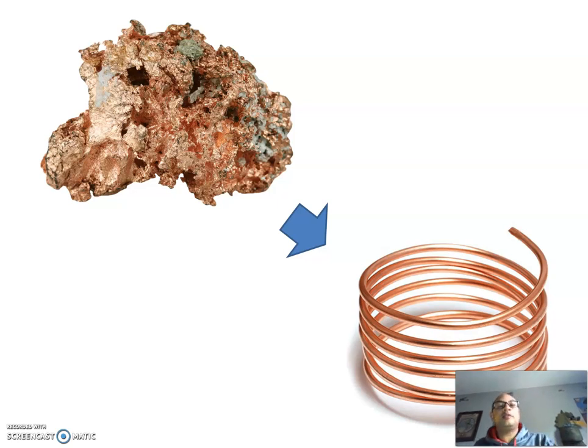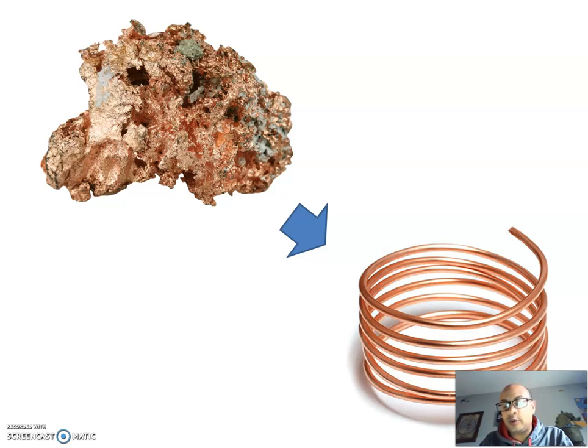It comes in the form that you see on the top left there. That's copper ore. Now, copper ore is pretty heavy and it's mostly junk. Most copper ore is very low grade, less than 0.6% copper. The rest of it is waste. Okay, it's mostly junk ore.